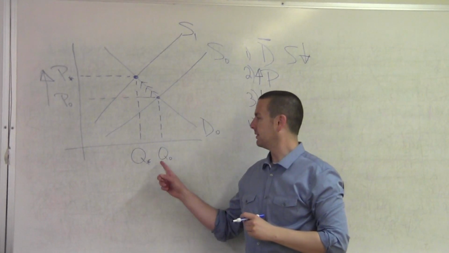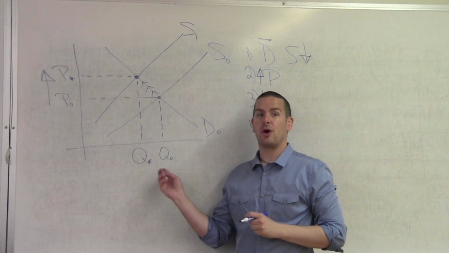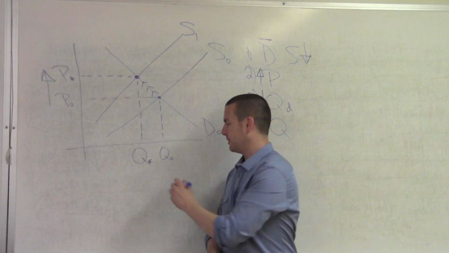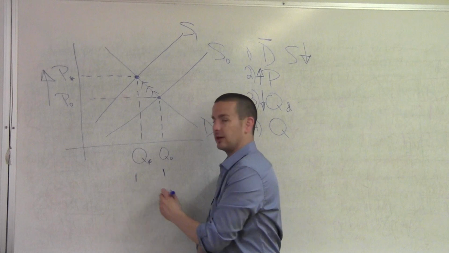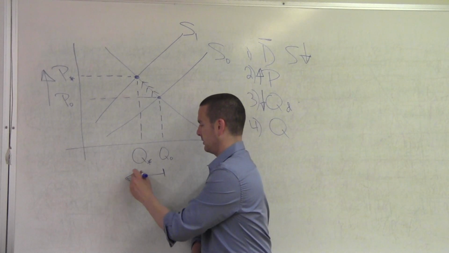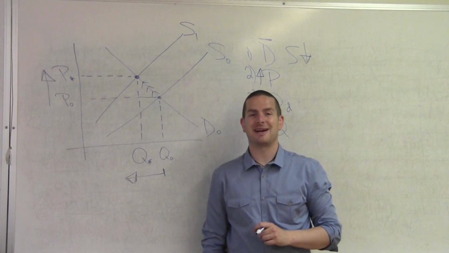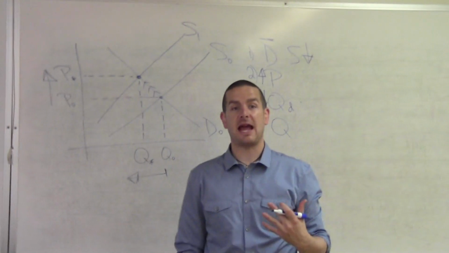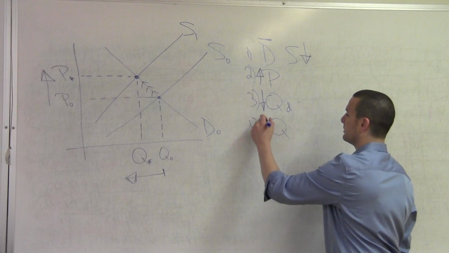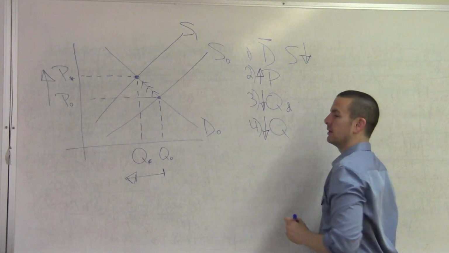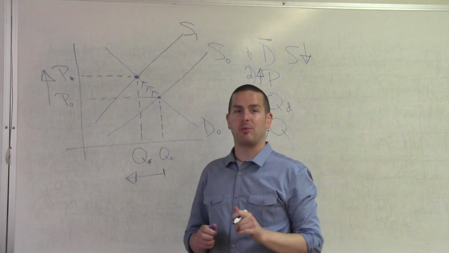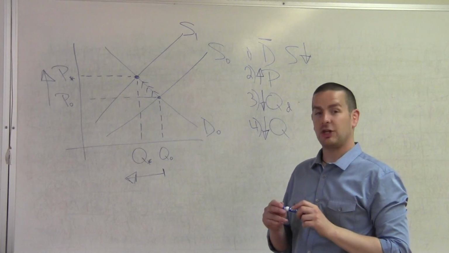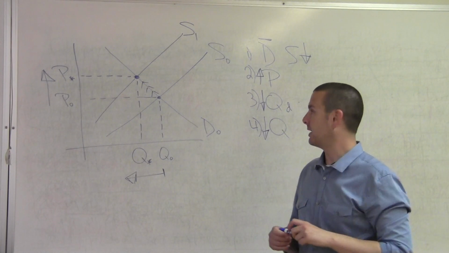Finally, we can look at our overall quantity of economic output. We were here, now we're here. So our quantity has gone down. The overall level of economic output has gone down. So in the fourth step, we can put an arrow with our Q going down. Okay?